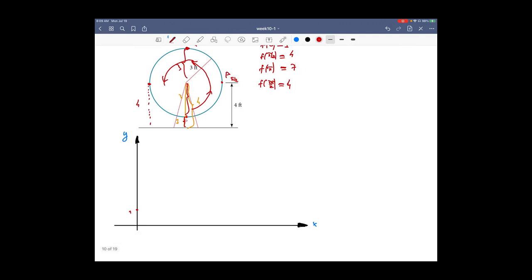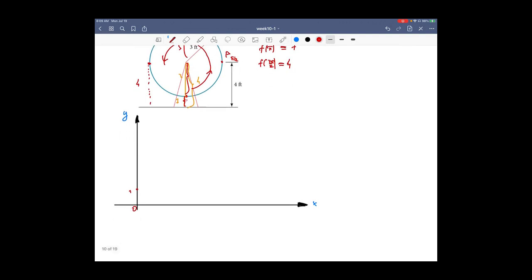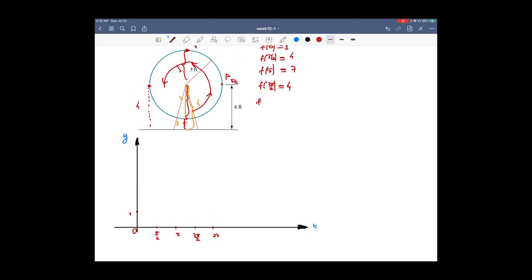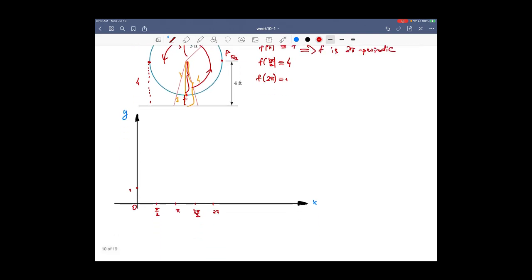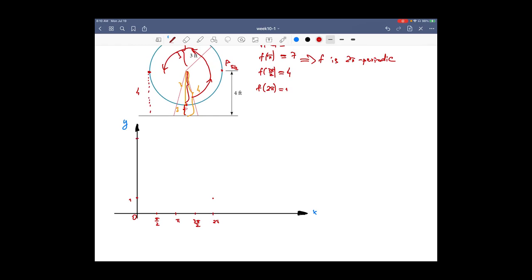So the sketch is then this. This is 0. This is, say, pi. This is pi over 2. This is, say, 2 pi. This is 3 pi over 2. And by the way, at value 2 pi, we are again at the lowest position, so the value will be 1. So f will be 2 pi periodic. So say this is 7.